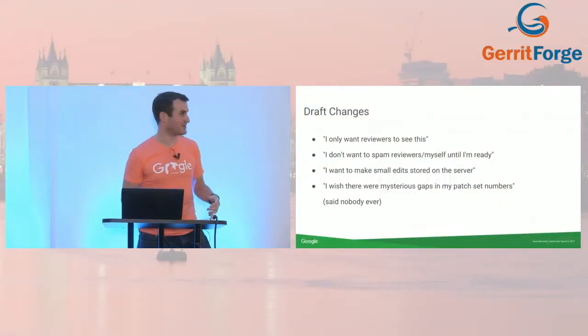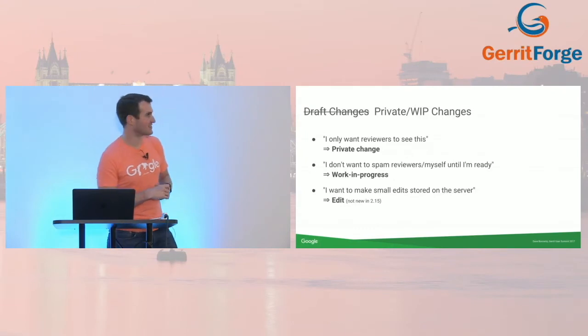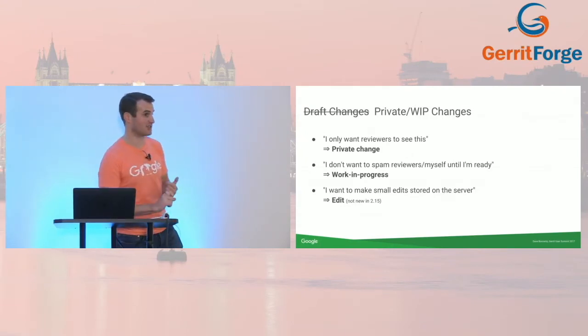So what we did in 2.15 is we totally killed drafts. Now we have different small, well-scoped features instead of just lumping everything together and calling it drafts. There's a bit you can set on changes called private. Private changes are changes that only your reviewers can see. There are work-in-progress changes, which means while the change has the work-in-progress bit set, nobody gets notifications about it.